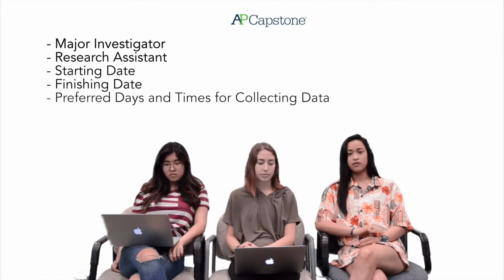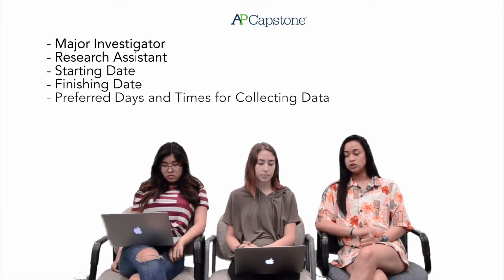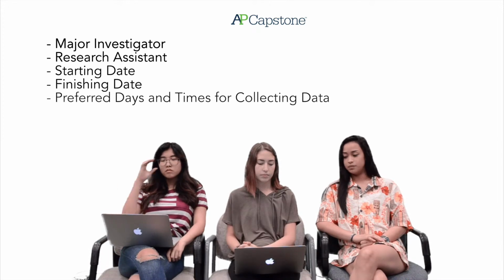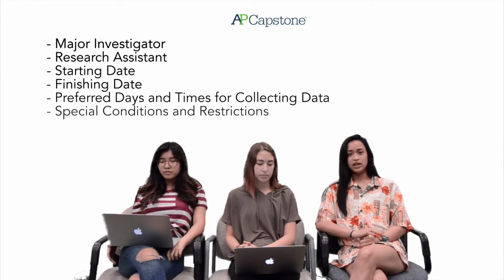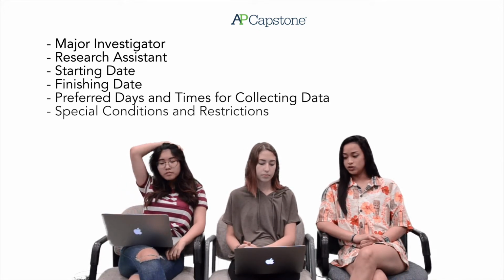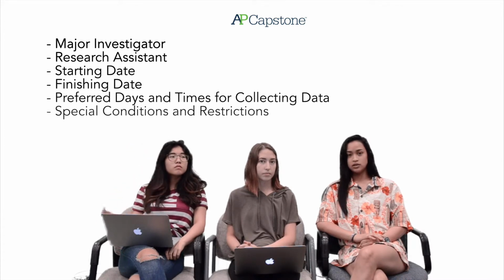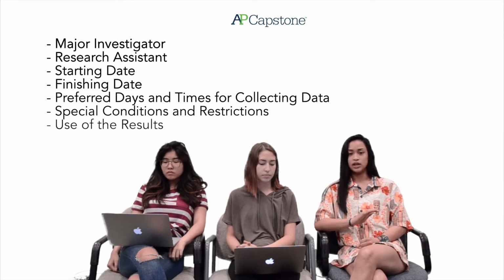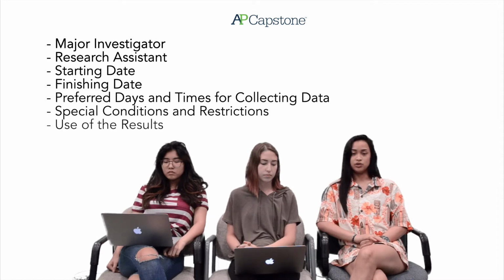Also, in the form, you should specify any preferred days or times that you need for collecting your data, and any special conditions or restrictions that you need. And lastly, you need to say how you're going to use the results.